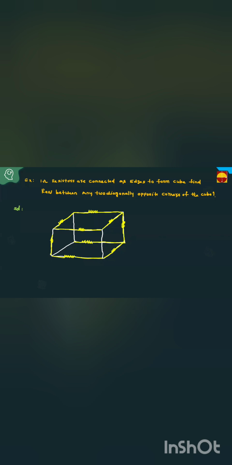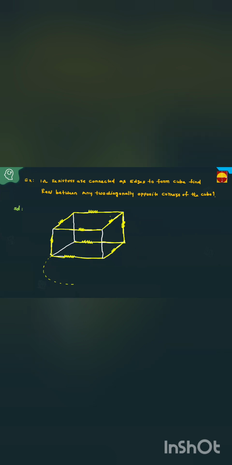Now, let this source be connected like this. But here it is asking for any two diagonally opposite corners. This is diagonal, but opposite sides. This is one side and this is another side, opposite diagonal. Then between this you connect the source. Wherever it is asking, between that only you connect the source.